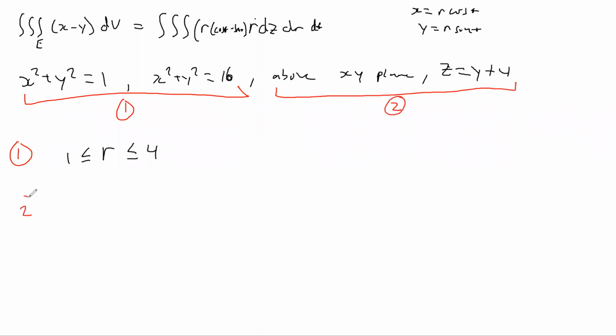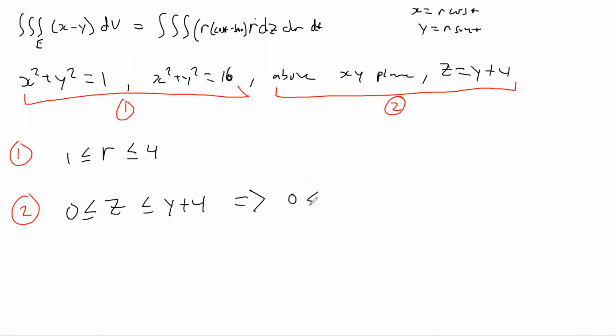So since you're going above the xy plane, that's basically when z is equal to 0, right? So what we can say is that z is going to actually be bounded between 0 and y plus 4. But you can further expand this out. You can represent y in terms of r.